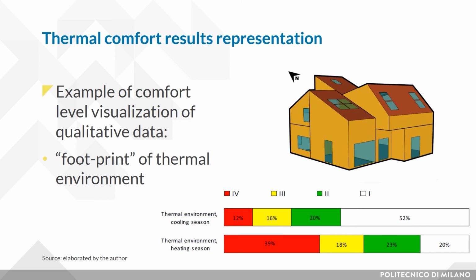The temperature level is grouped considering the three comfort categories 1, 2, and 3 and displayed using a bar chart. For each category is reported the percentage of hours with respect to the total that fall in class 1, 2, or 3. A high percentage of hours within comfort category 1 means an optimal thermal comfort expectation, while a high number of hours in category 3 means low comfort expectation.